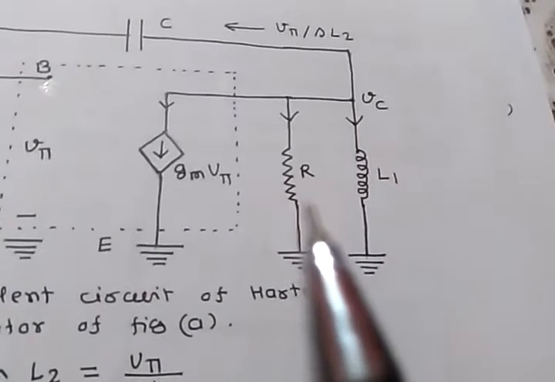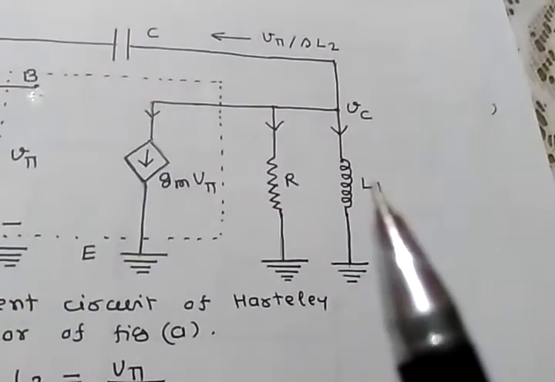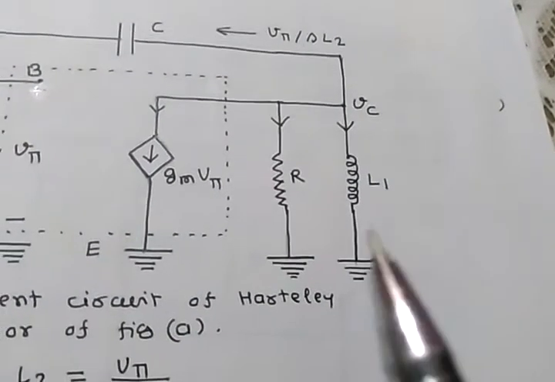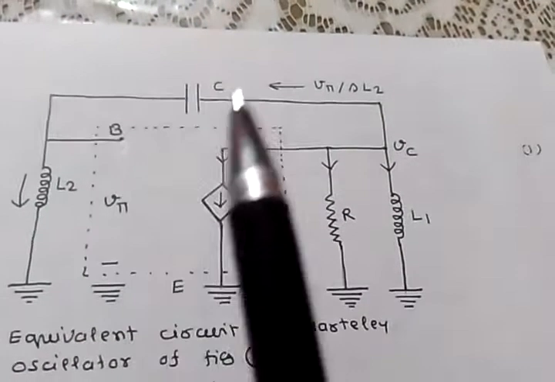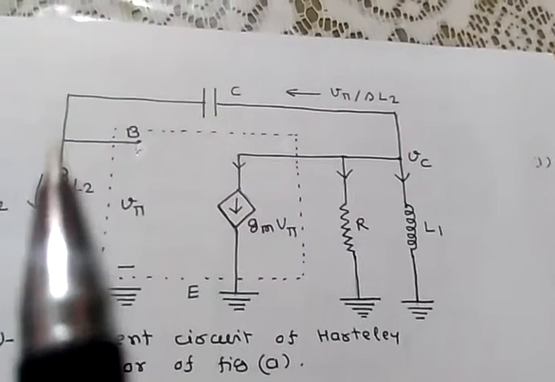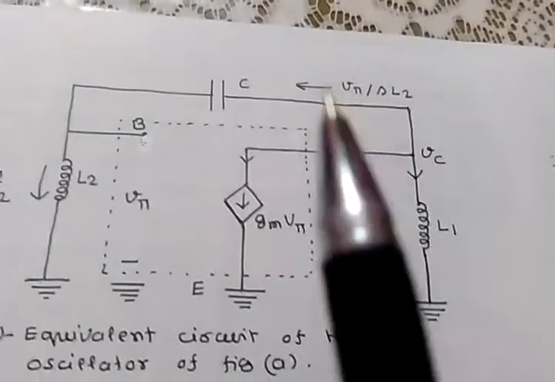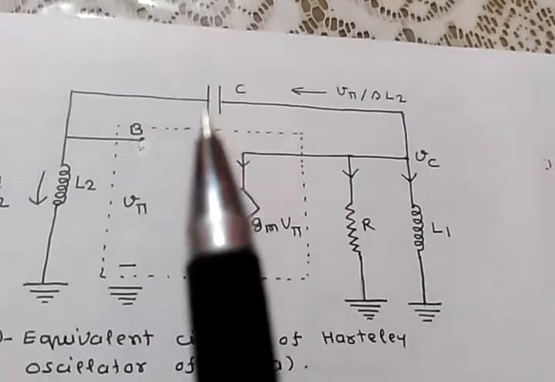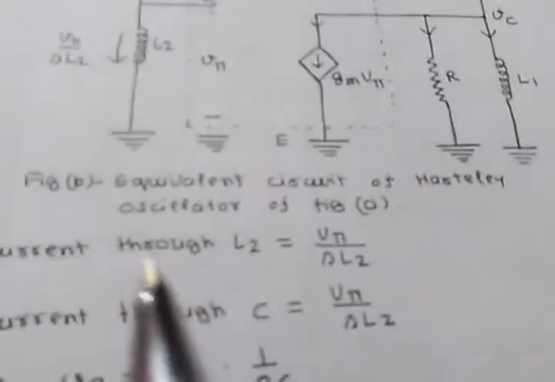So the current through this resistor will be VC upon R. Similarly, we can write the current through this inductor as VC upon SL1, and the voltage across this capacitor can be written as VC minus VB, equals the current through this capacitor, meaning V pi upon SL2, multiplied by the impedance of this capacitor. The impedance of a capacitor is 1 upon SC.